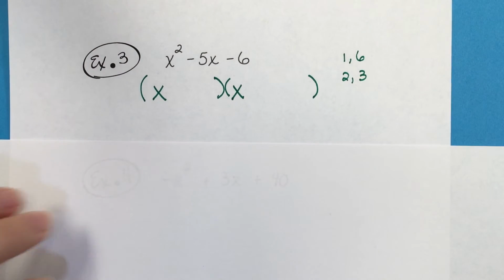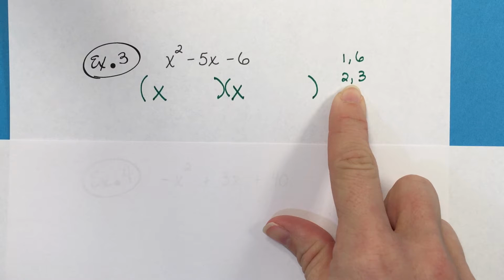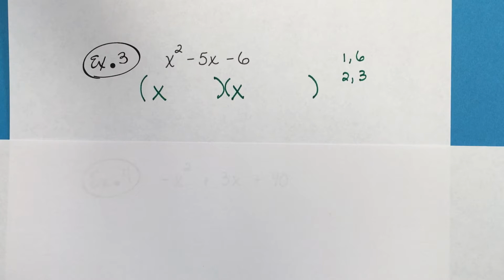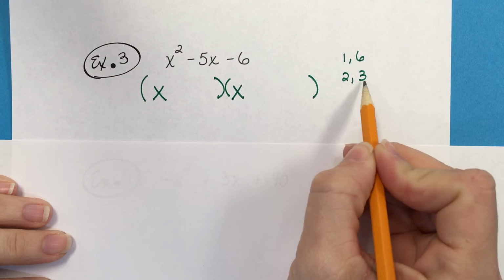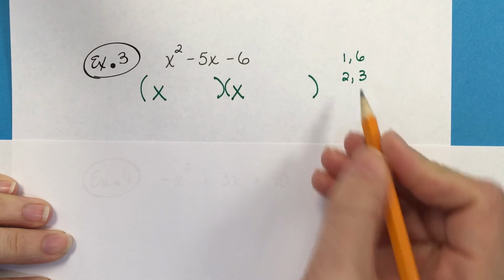Now, this is just what you can think in your head if you're good with doing things in your head, or you can just use a simple calculator to help you with this. But if I were to put different signs on 2 and 3, to try to get a -5, here's what I mean.